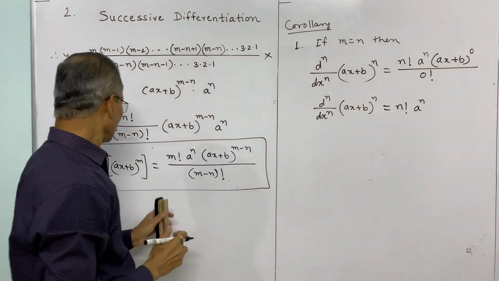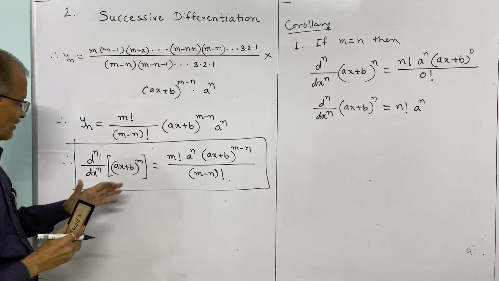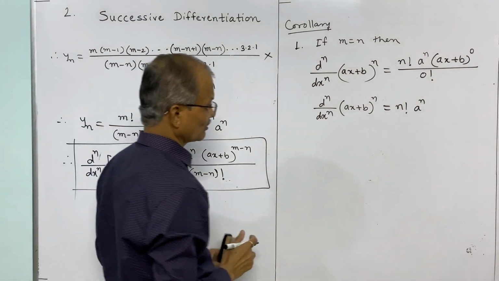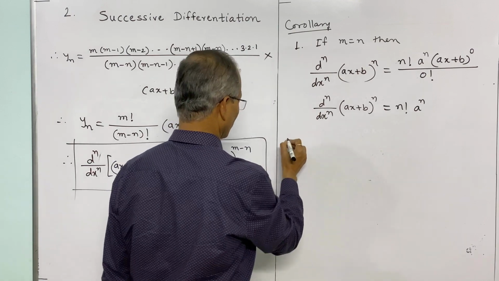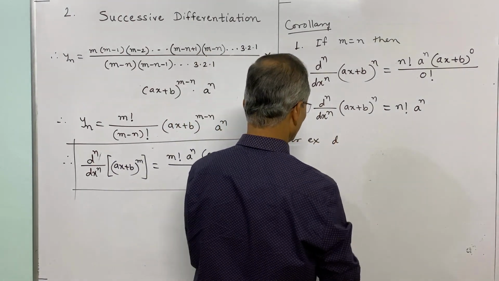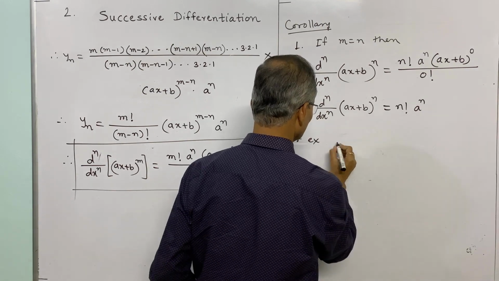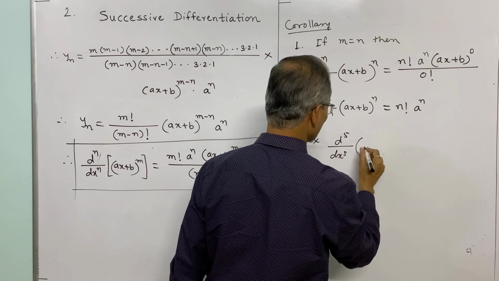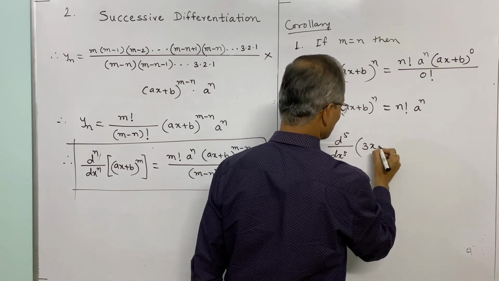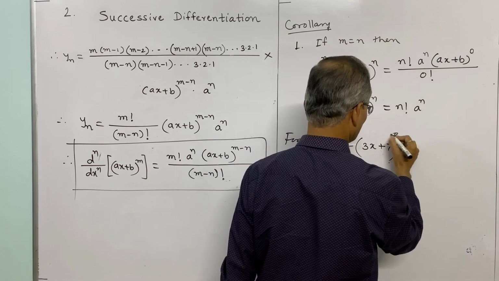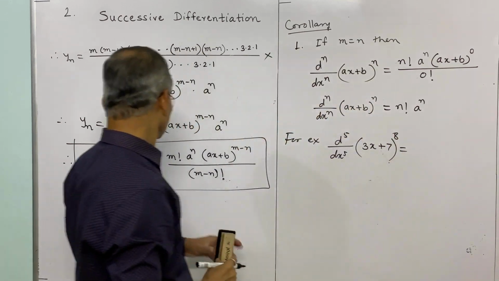Now for example, we can consider the values of a, b, m differently, and you should know how to use the formula. So if I write, say, the fifth derivative of the function 3x plus 7 to the power 8, what will be this using the formula?